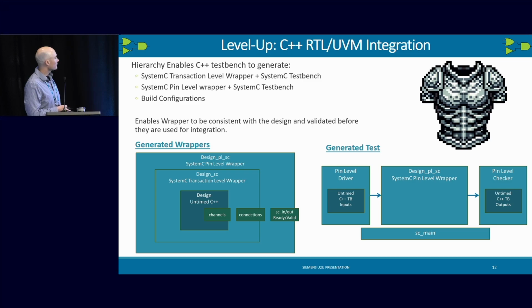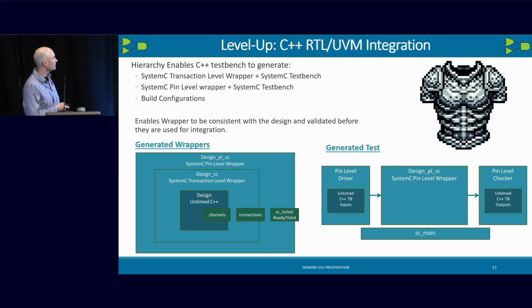And then for RTL integration or SystemVerilog integration, we create a pin level wrapper around that takes the connections and breaks them out into the specific pins with ready valid interfaces. And when we generate the pin level wrappers, we also generate test infrastructure around that to validate those wrappers actually work and produce the same results as the original design.